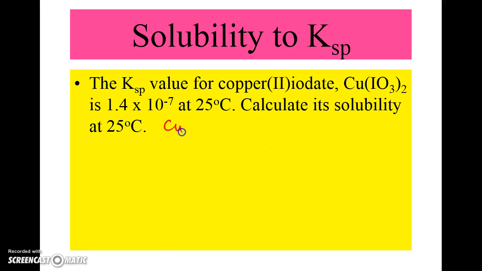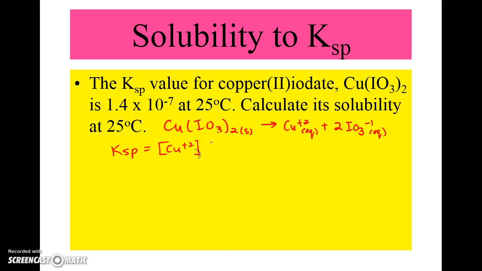So we have Cu(IO3)2, which is a solid, which will break into Cu^2+ aqueous plus 2IO3^- aqueous. My Ksp is equal to [Cu^2+] and then [IO3^-] squared.